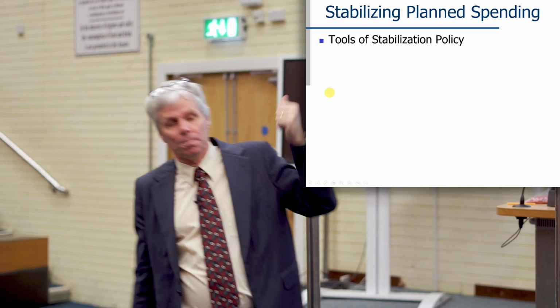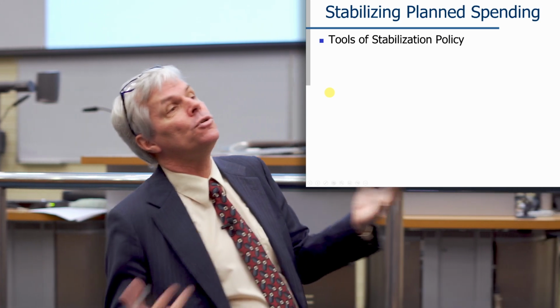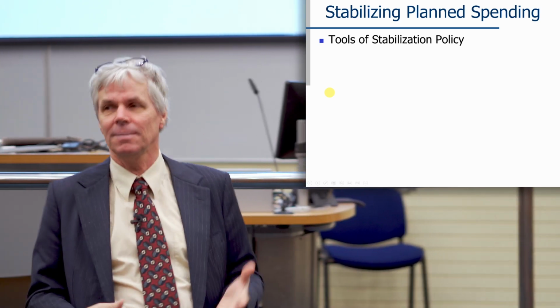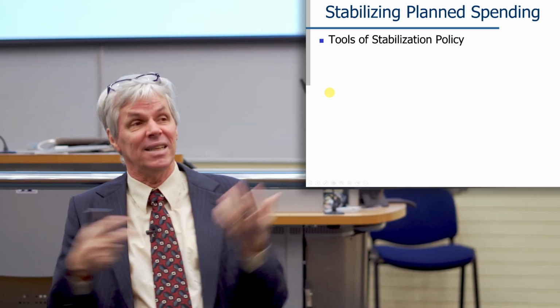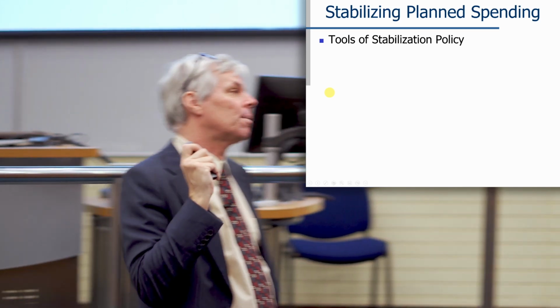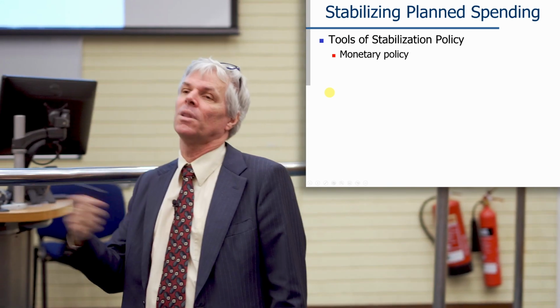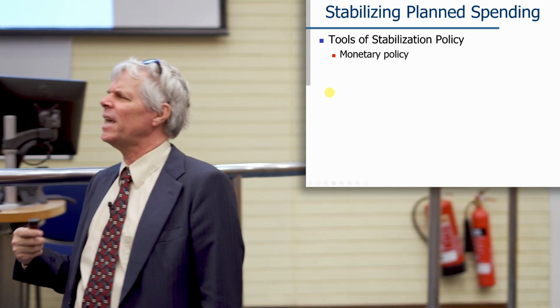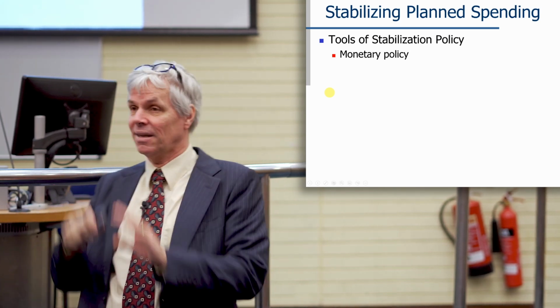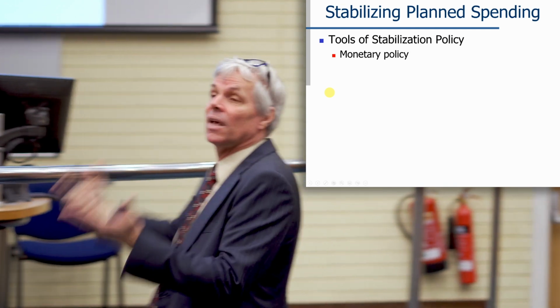All right. So we, broadly speaking, have two sets of tools to do this. Now, there's lots of things we can do, and there's lots of details of all the tools, but in a broad brush, we've got two ways of going about stabilizing the economy. We can use monetary policy, which is going to be playing around with the money supply in a way that will take 2 weeks of lectures to explain. It's a fairly complicated chain of events that makes this happen, but it is a thing we can do.